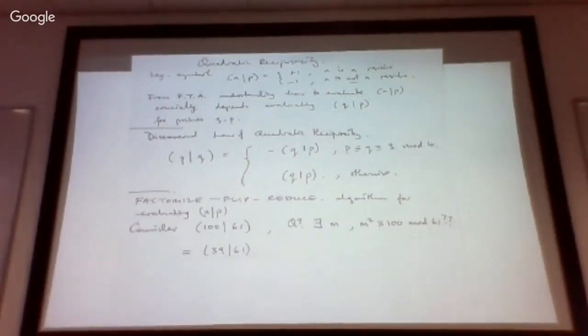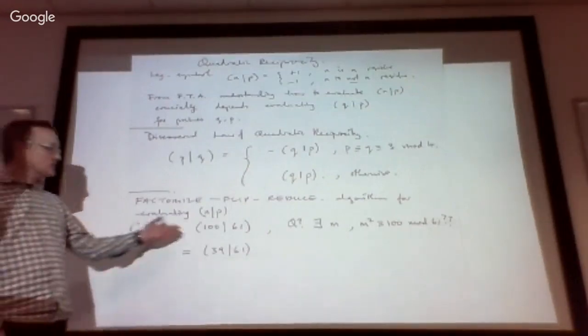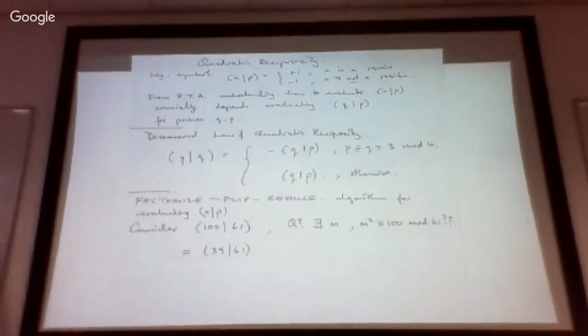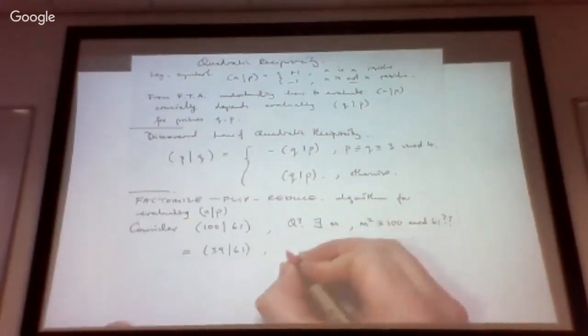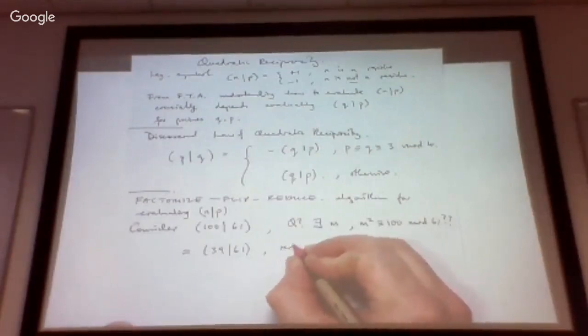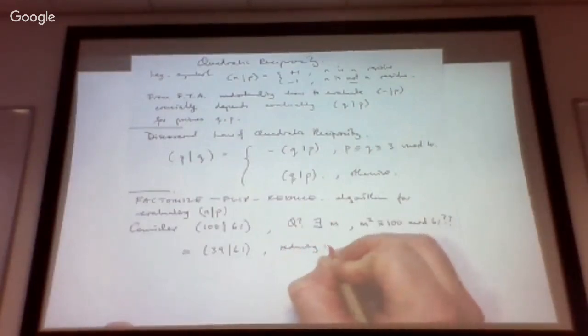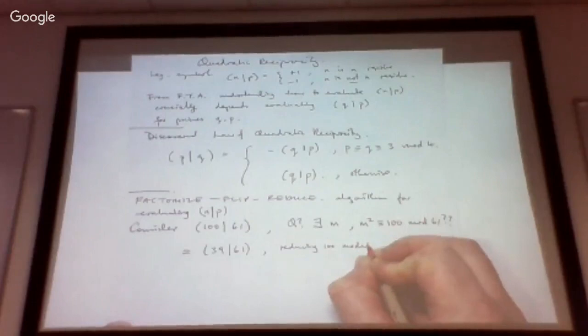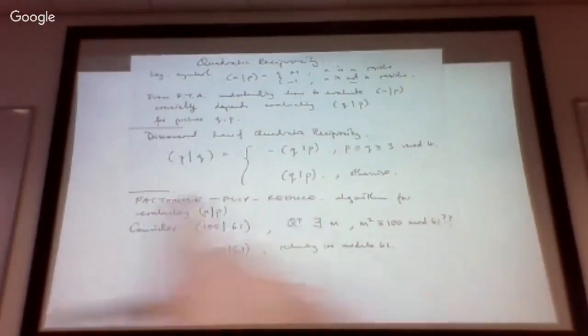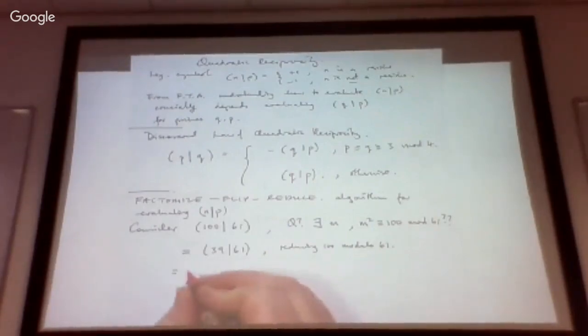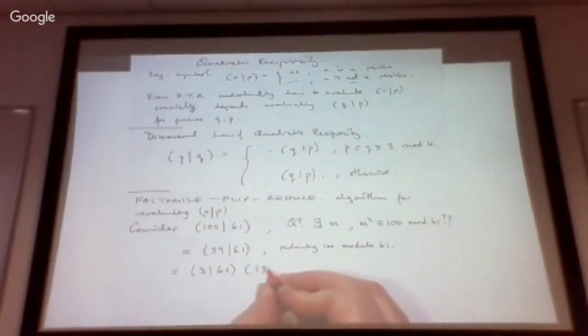This Legendre symbol is equal to the Legendre symbol of 39 mod 61. So that's reducing 100 modulo 61. But now we go into factorize. 39 is not a prime number. It's 3 times 13. So it's the product of these 2 Legendre symbols.